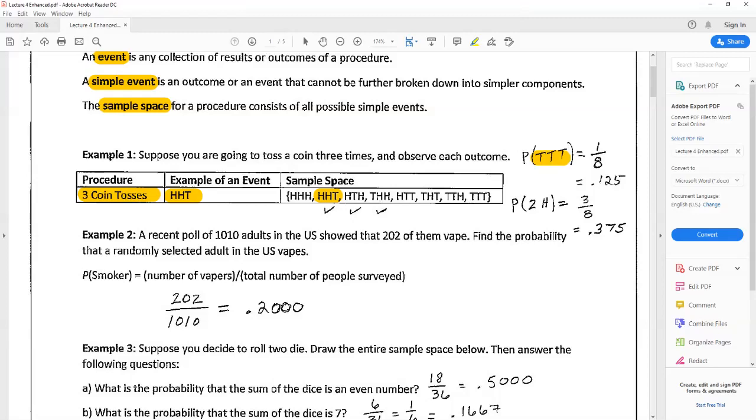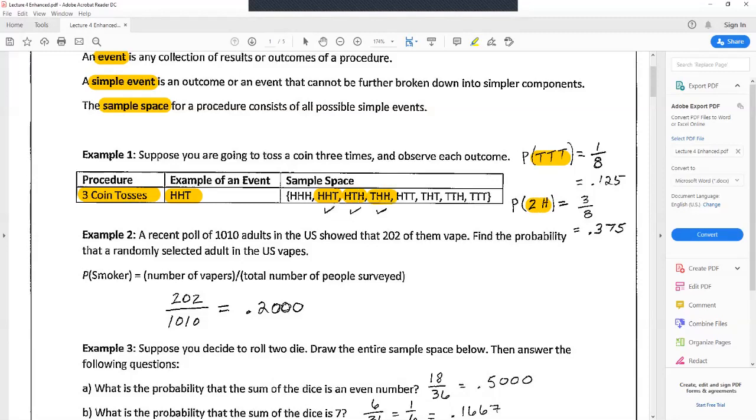What about the probability that you would flip a coin 3 times and get 2 heads? Well, you could get 2 heads right at the beginning, or you could have a situation like this where you have a head, a tail, and a head, or you could have a tail on the first flip followed by 2 heads. So the probability of flipping 2 heads is going to be 3 out of 8, or 0.375.